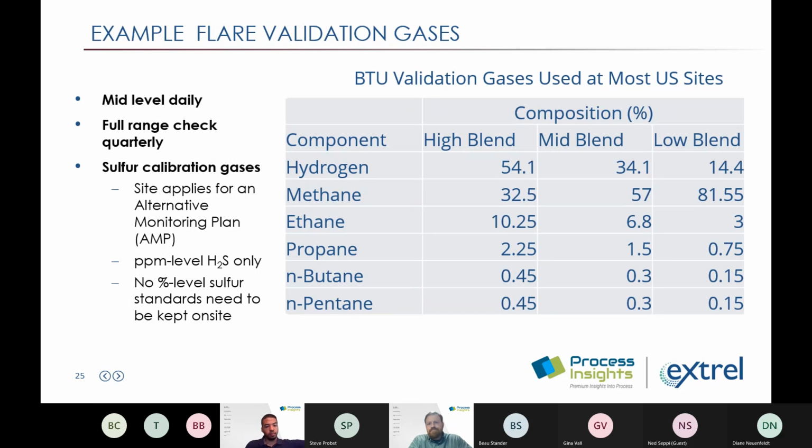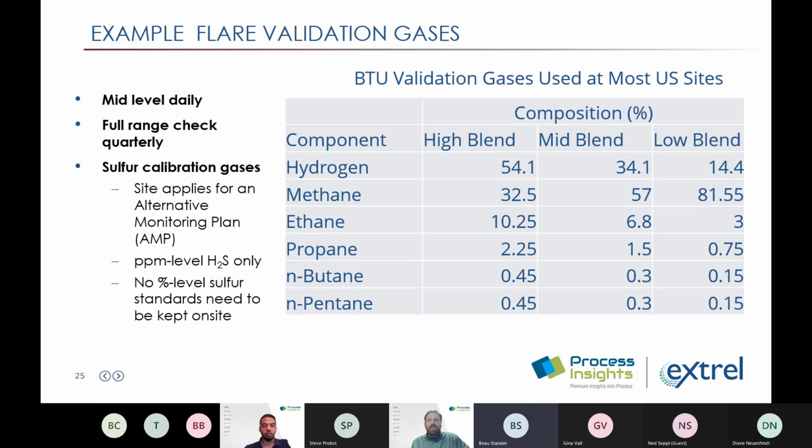On this slide, you can see examples of the gas blends that are used at most flare sites in the U.S., most refinery flares in the U.S., for doing the net heating value cal checks, the low, the mid, the high. So we can get people details on what kind of blends they might design to make those validations as easy to maintain in their program as possible.